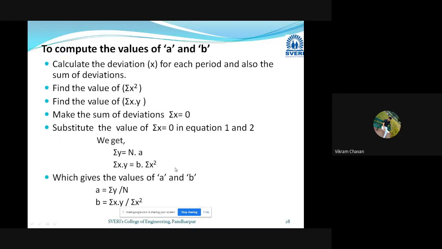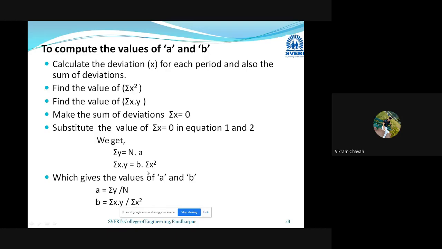So we get the equations summation of y is equal to n multiplied by a, and summation of xy is equal to b multiplied by summation of x square. These two equations we get after putting summation of x equal to 0 in normal equations 1 and 2.